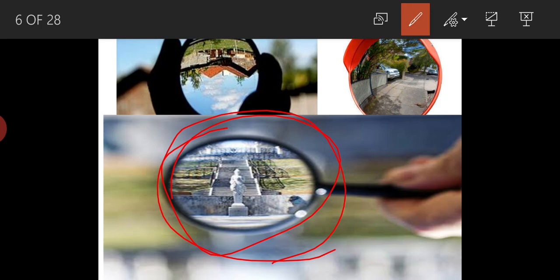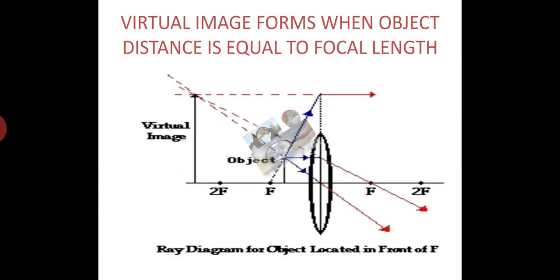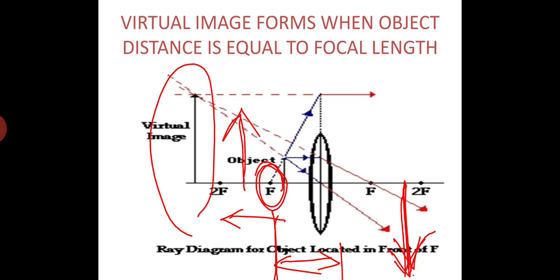Similarly, in this convex mirror we are seeing the image of a car and the parking area of the house, and in this convex mirror we can see the image of a house. The image we see inside the lens or the mirror is called a virtual image. In this activity we are going to observe a virtual image, not a real image.